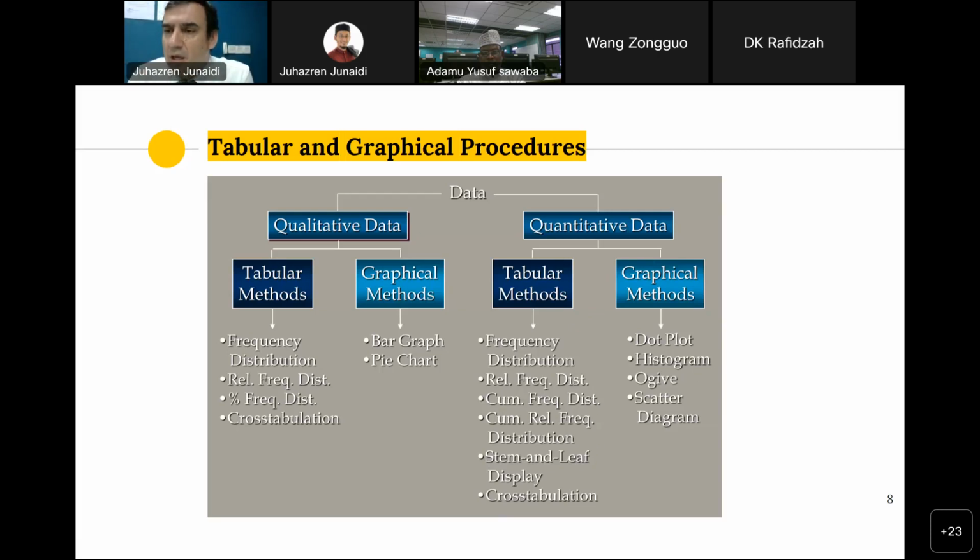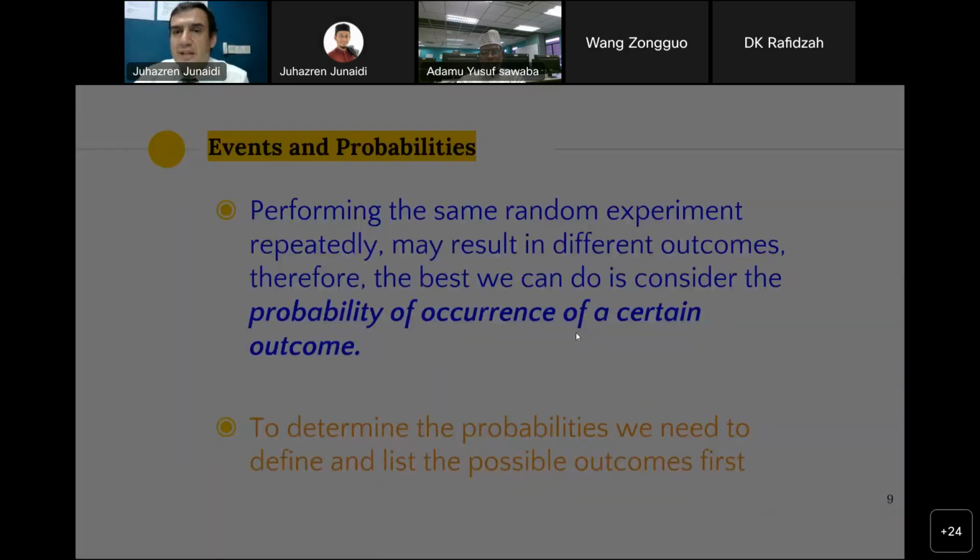And there are also graphical methods like dot plot, histogram, ogive, scatter diagram, which are all methods that you can use to graphically and descriptively present data.